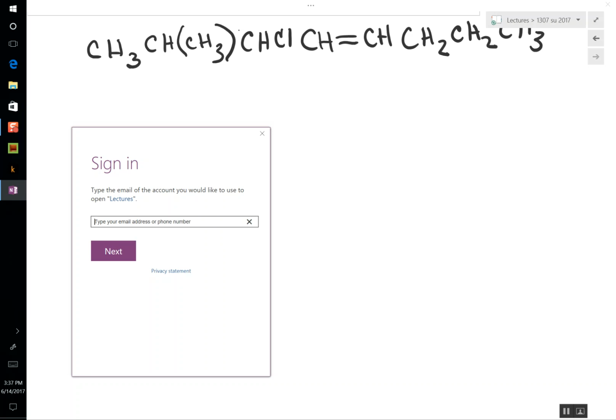Now this one, you can come right off on a line because, remember, four things are in a line around a triple bond.